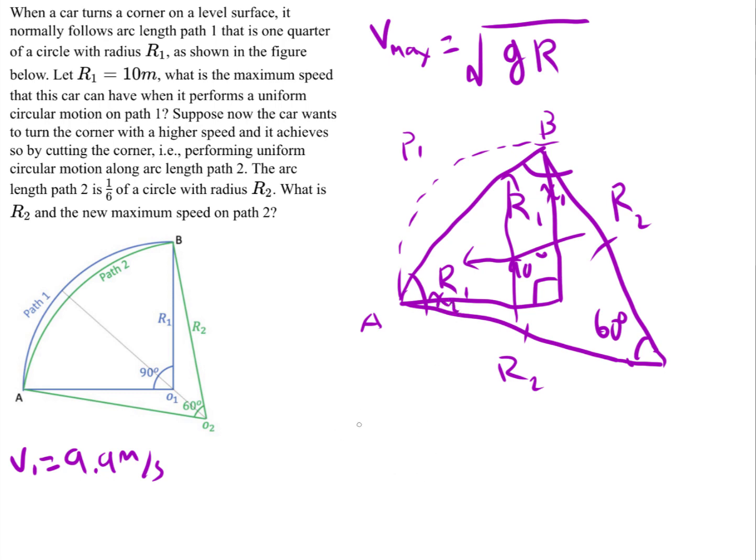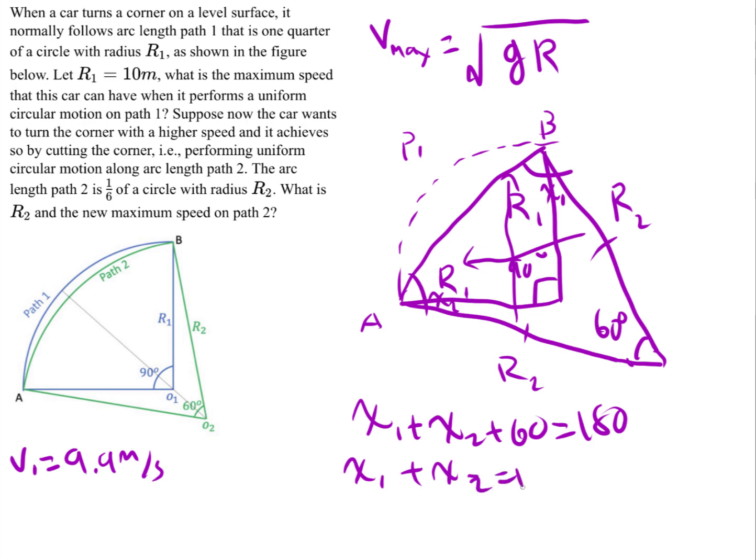From the triangle angle sum theorem, x1 plus x2 plus the 60 degrees here must equal 180, so x1 plus x2 must equal 120. And of course we know that x1 equals x2.